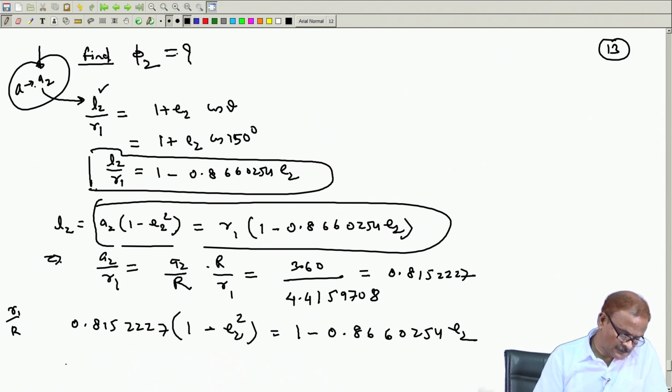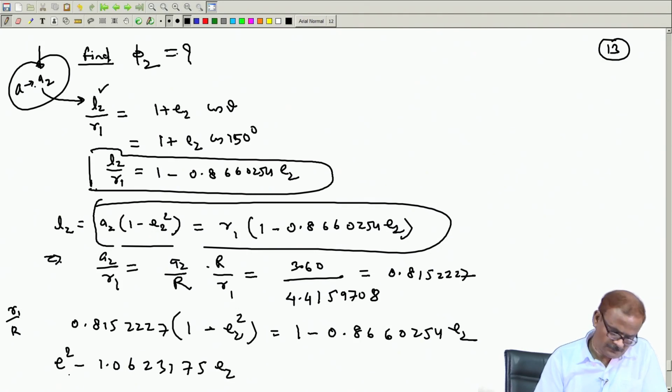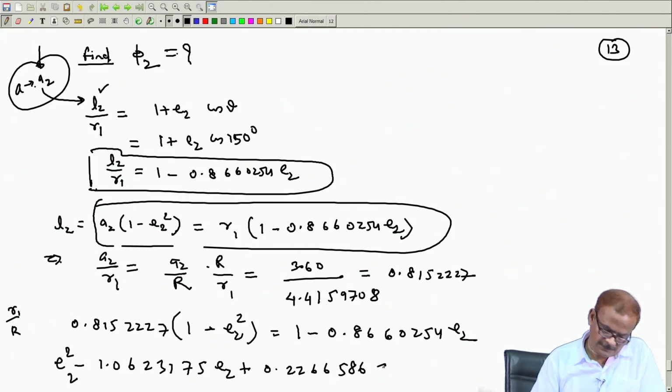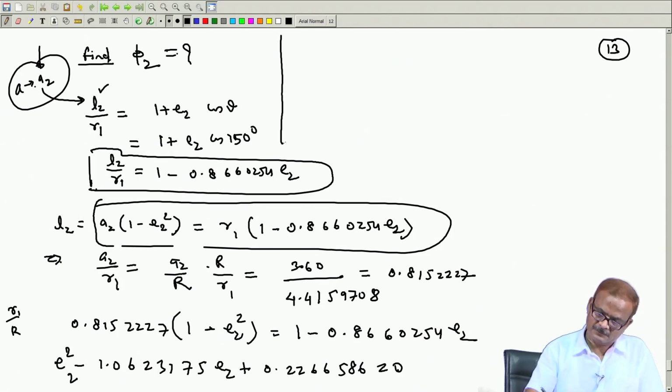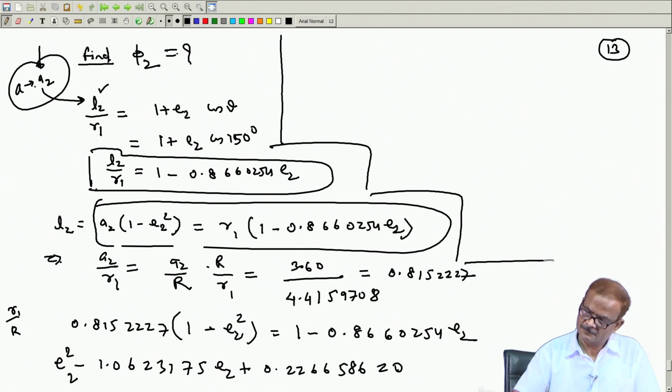Okay. So, if you solve it, it comes into this format: E 2 square minus 1.062317 E 2 plus 0.2266586. Okay.